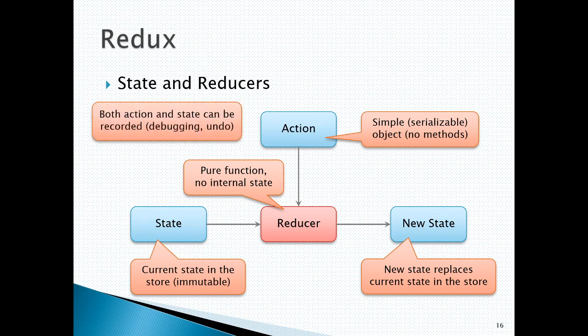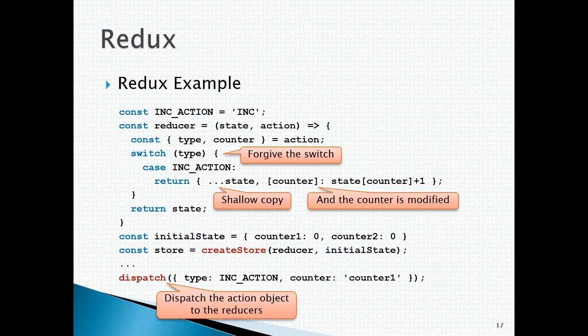Both actions and states can be recorded. Debugging, undo. So this is an example. You can see we have defined a constant increment action. We have defined a reducer function which takes a state and action, and it applies a switch on the action type.